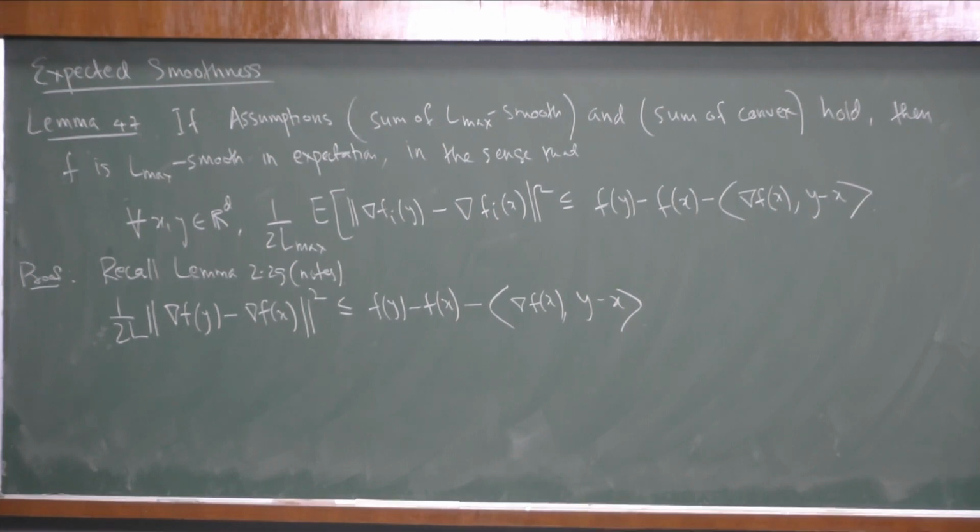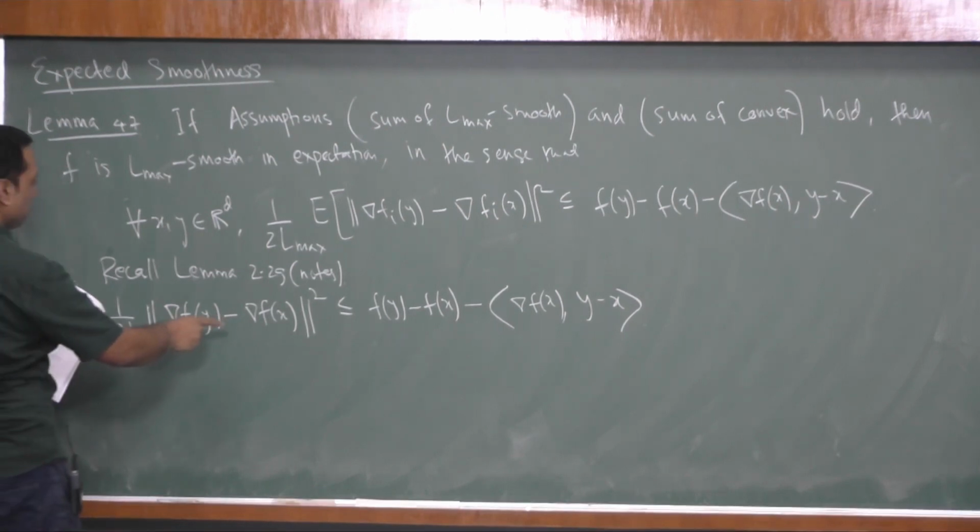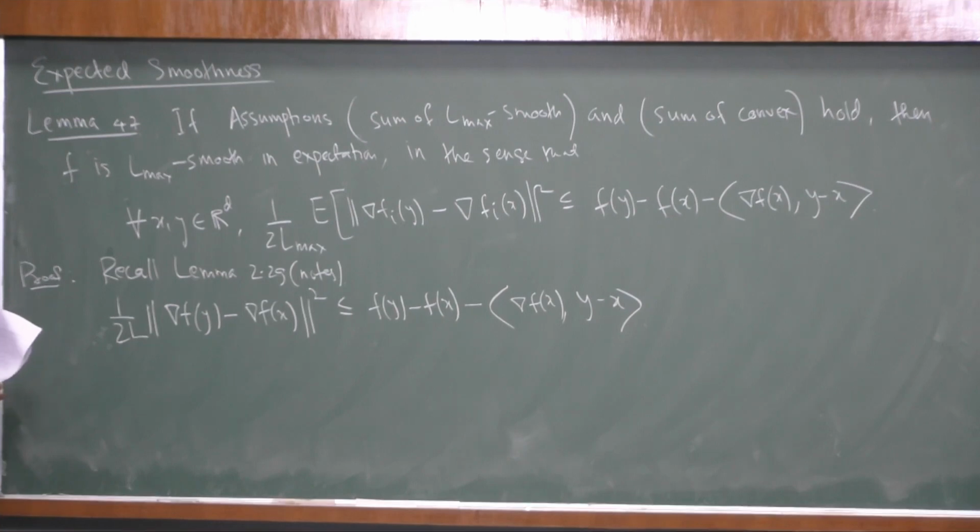So for each of the f_i's we can put this L_i here, but then 1 by L_i is greater than or equal to 1 by L max.